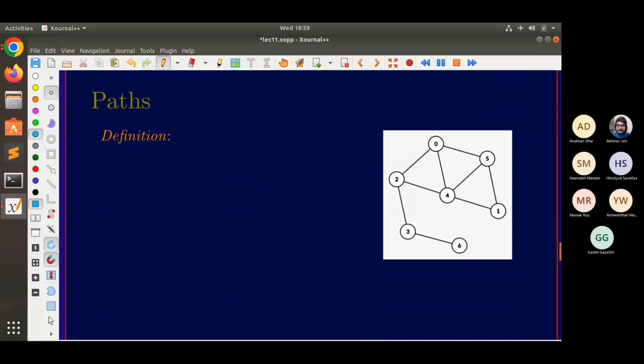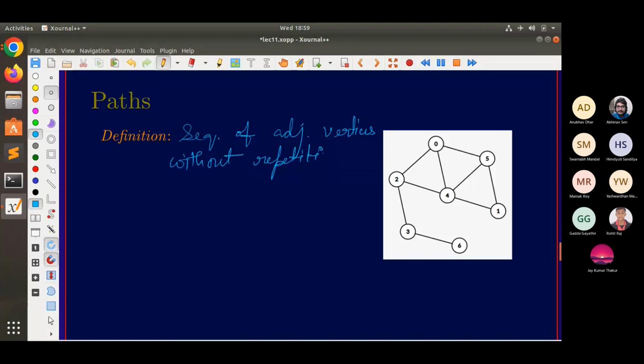the same definition. So a path is a sequence of adjacent vertices such that there is no repetition.